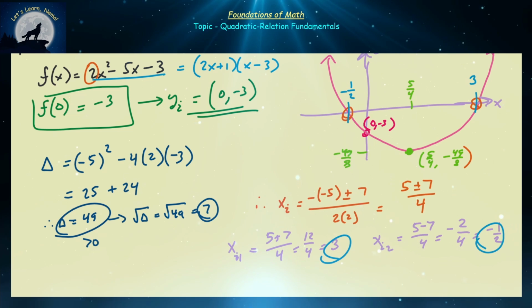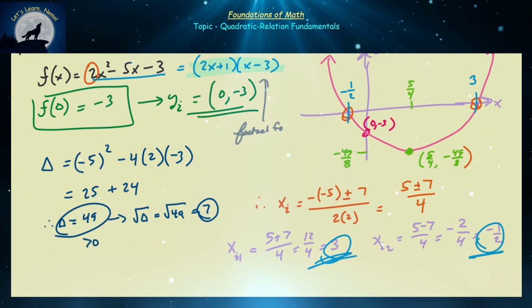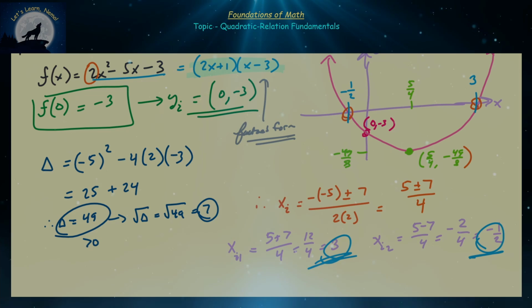You should be able to see that just from these x-intercepts. But sometimes we don't want to try and factor it. Quadratic equations usually can be reverse factored as well. And again, sometimes people will call this expression the factored form of our quadratic relation.